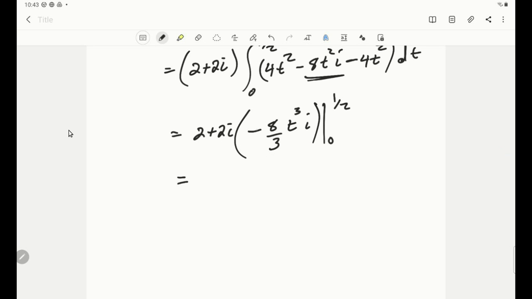Oops. Well, minus and a plus here. Sorry. So t cubed would be 1 over 8.